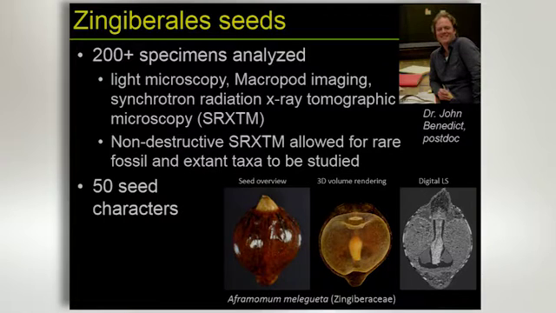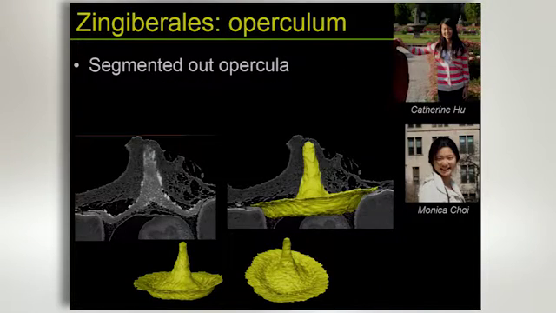And then using X-ray tomography, which was really nice, again key to be able to study rare things. All of this, I'm not going to go through everything, but we came up with 50 different seed characters.